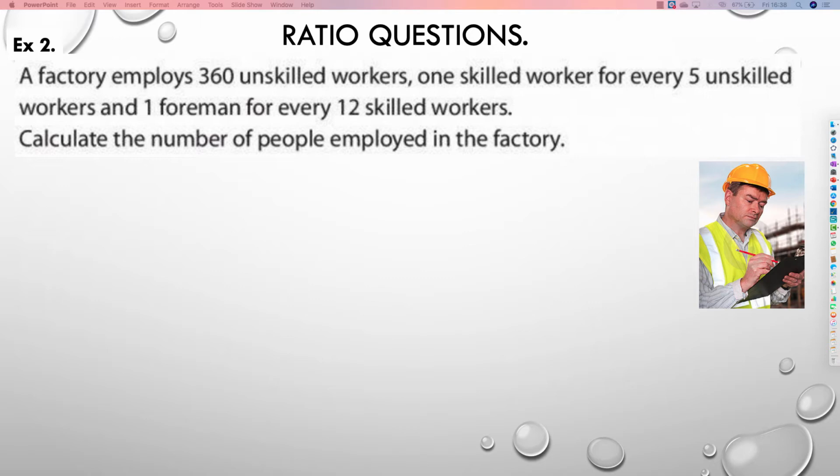Why 12 to 360? Yeah, 12 and 72. One foreman for every 12 skilled.